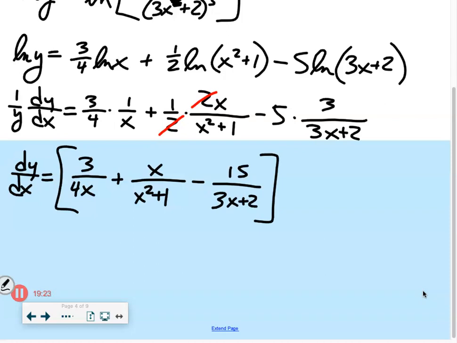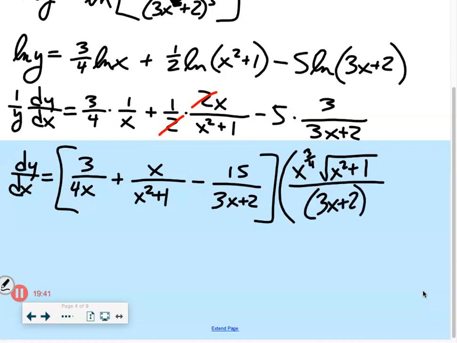And I have to multiply this whole thing by y, but what is y? The original function. And so the original function is x to the 3/4 times the square root of x squared plus 1 all over 3x plus 2 to the 5th. And then you just stop. Does that make sense? Okay, they're not bad.